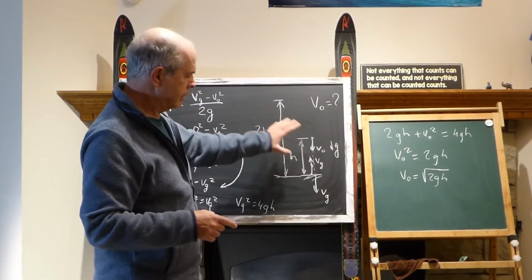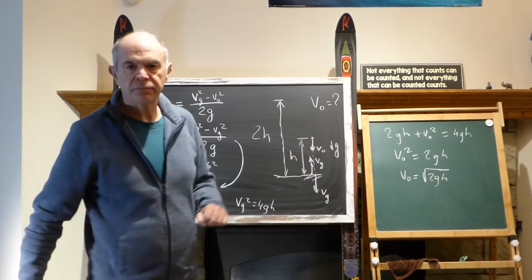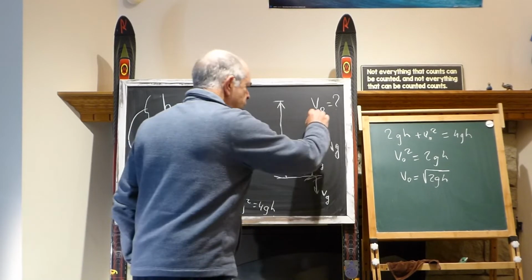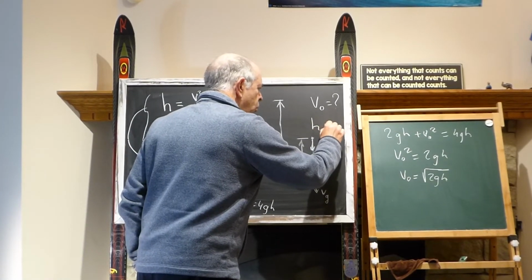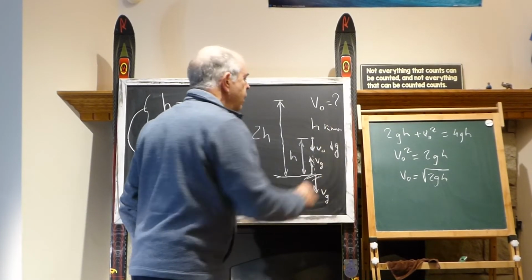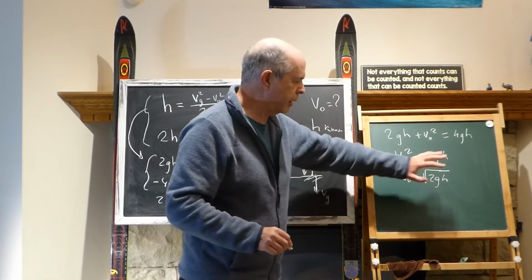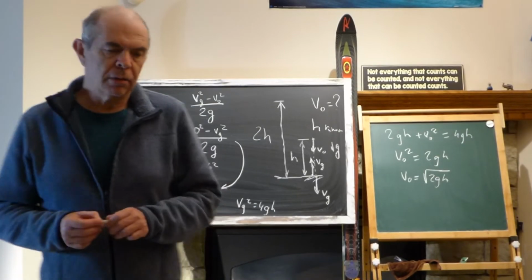But it's important that this is double. So basically yes, h is known and given, but v0 is not known. And so we find v0, the square root of 2gh, and we put in whatever.